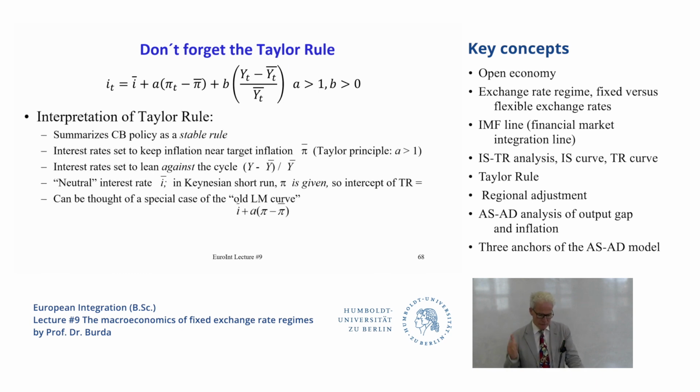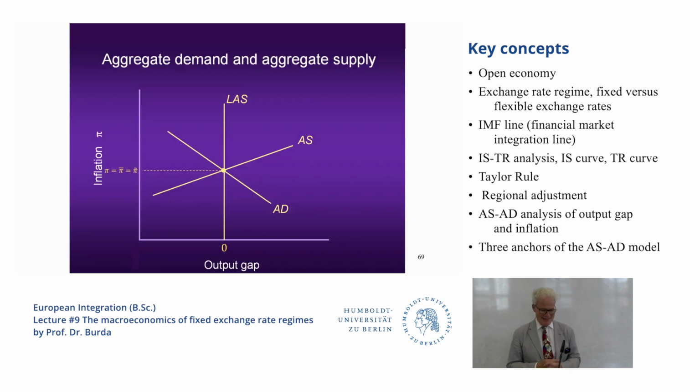Stable rule, target inflation, neutral interest rate. And if you want to think about the old LM curve, you can, but I would suggest you not do that. Okay. So we've got aggregate demand, we've got aggregate supply, we've got an inflation rate determined, and we've got output at 0 as the equilibrium, the starting position.